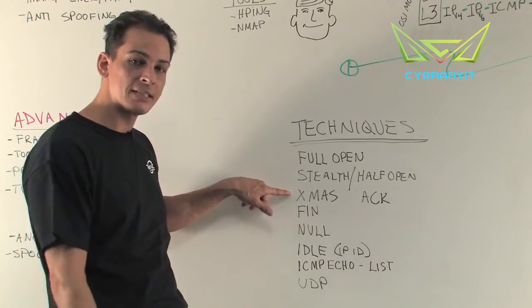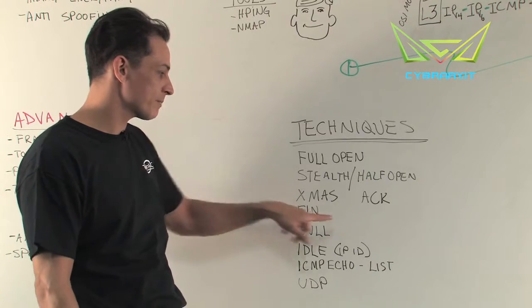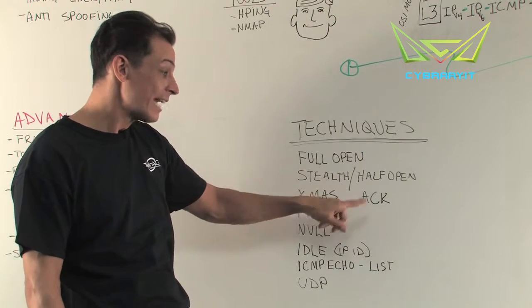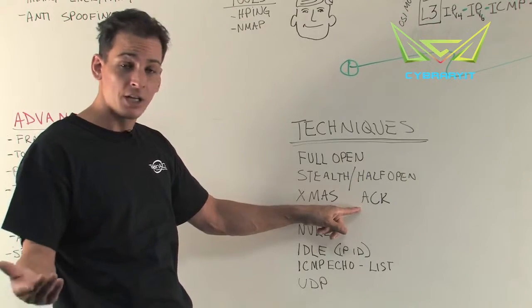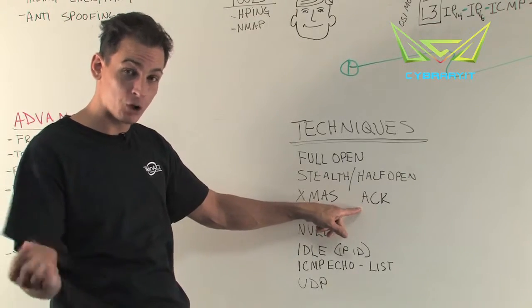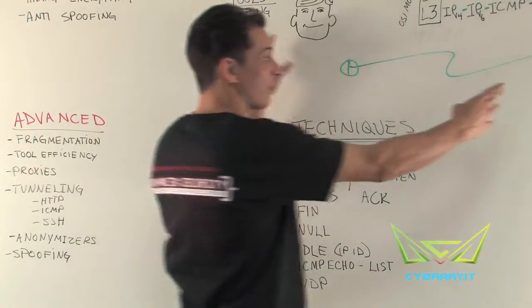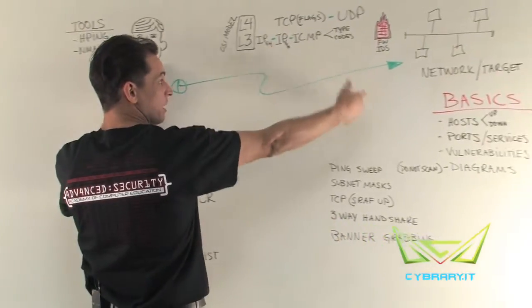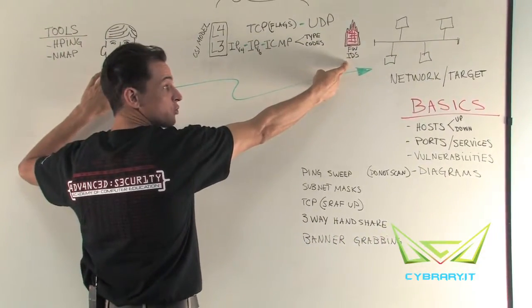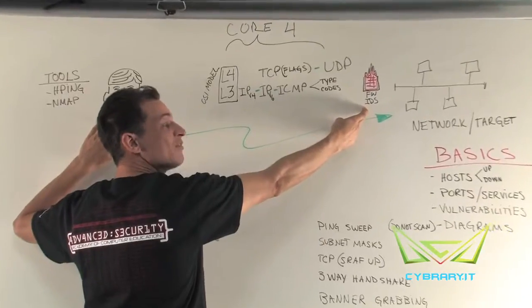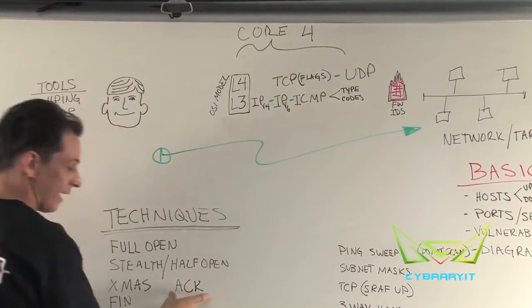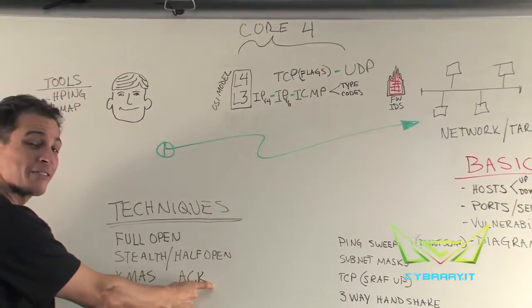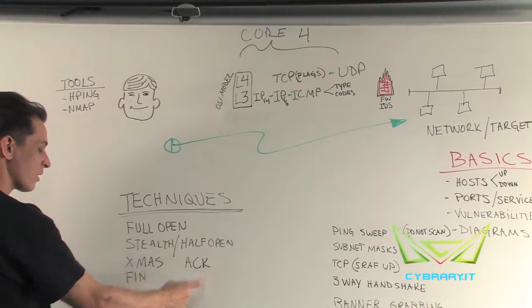Some of the more advanced techniques would be Christmas scans or acknowledgement scans. Acknowledgement scans are great if you want to determine if there's a stateful firewall between you and your target. So if we back up here, and you have you and your target, is there a firewall and intrusion detection system here that's filtering out your traffic? Acknowledgement scans respond very, very well to that.